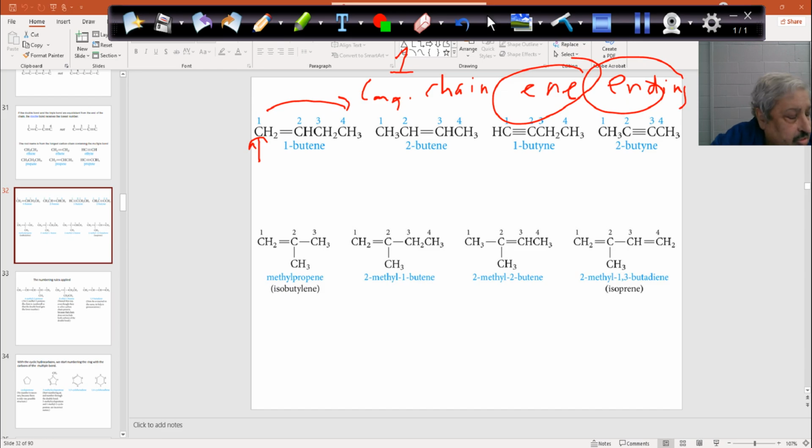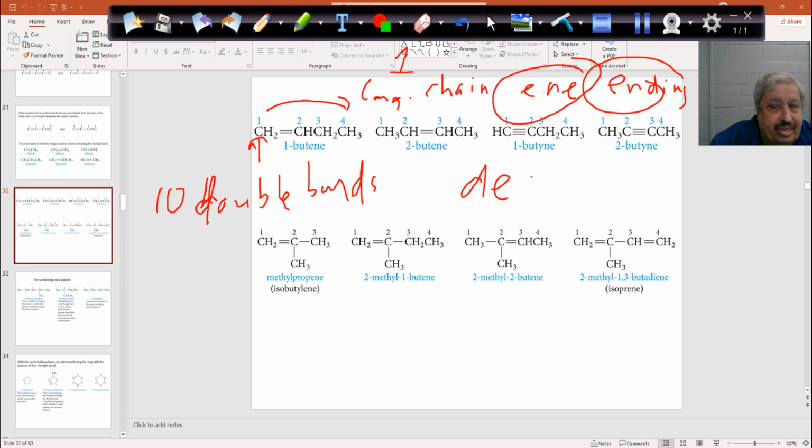If you have, for example, 10 double bonds, what will that be? 10 means dec, from deca, and then ENE at the end. That's the double bond. How many of them? 10. Correct? Here we have 1, 2, 3, 4, butene.